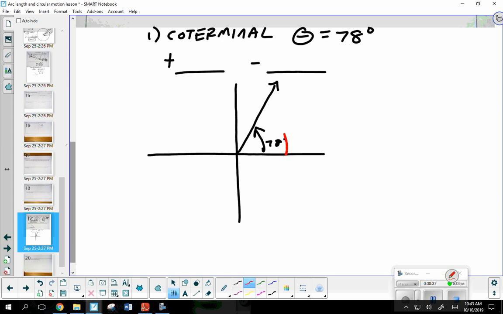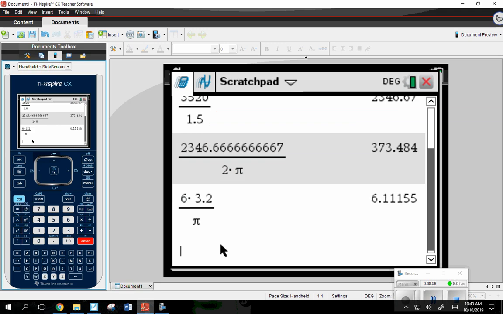So let's say I rotate here, but if I stop, that's just 78 degrees, right? So I'm going to go one full revolution back around to where we were. How would I figure out the first positive? Just 78 plus 360.